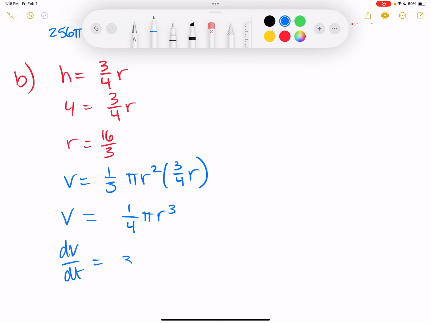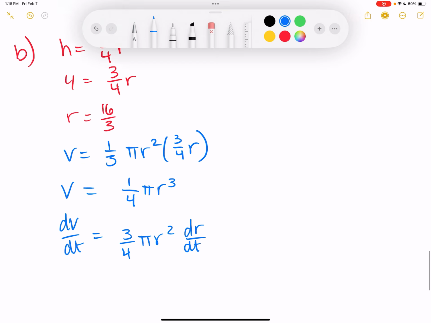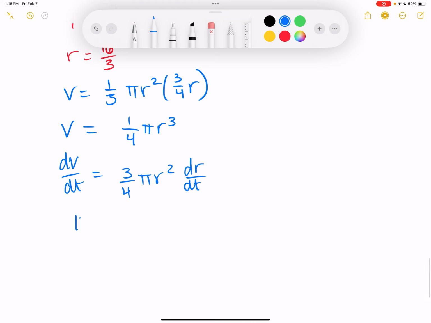Now I can take the derivative, and what do I get when I do that? 3/4 pi r squared dr dt. And now we just plug in: 10 equals 3/4 pi times 16/3 squared dr dt.